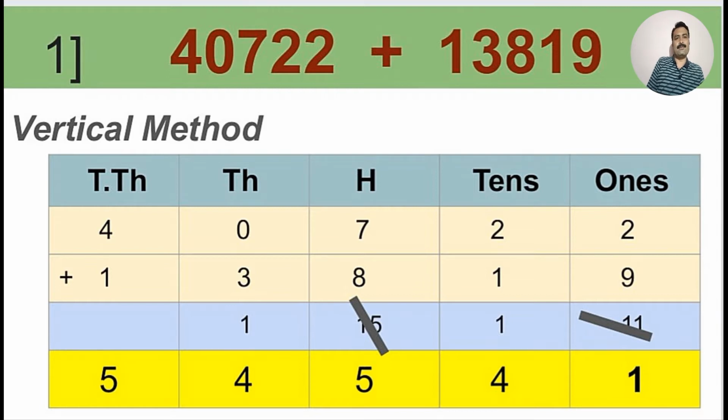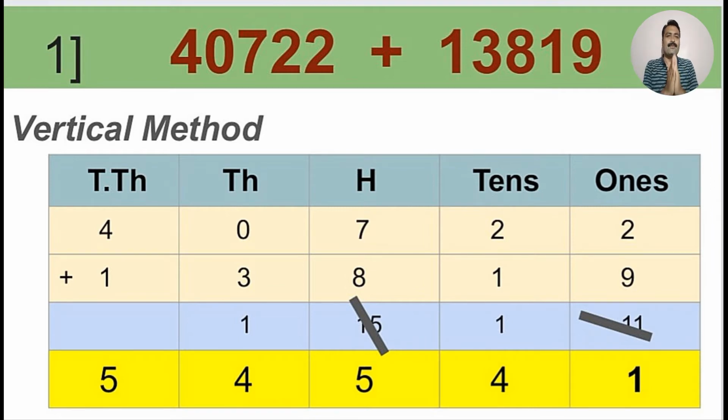Now in this vertical method, in these 5 columns, we want to arrange the given 2 numbers in a proper way. While arranging these numbers into the columns, it is important to arrange each digit at its own place.